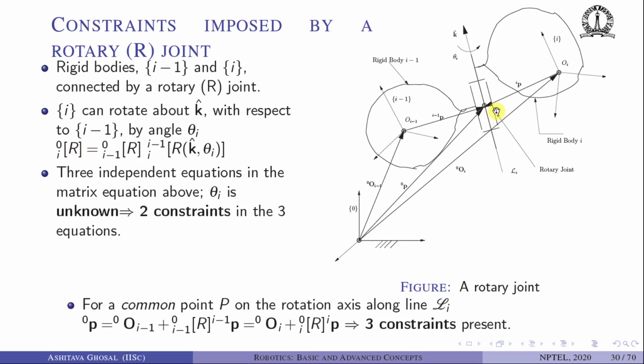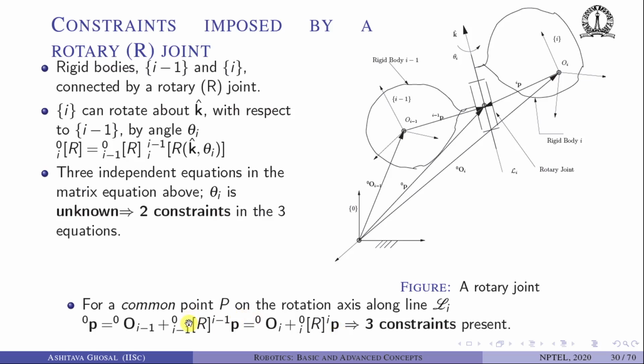Likewise, this point on the joint axis, as I said, can be reached from the origin of the reference to the origin of the I minus 1 rigid body and then this vector, and likewise the origin of the ith rigid body and this vector, and then both of them must be equal. So this is a vector equation: O of p is O of I minus 1 plus O I R I minus 1 p and so on.